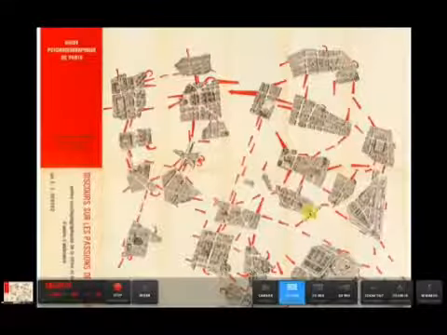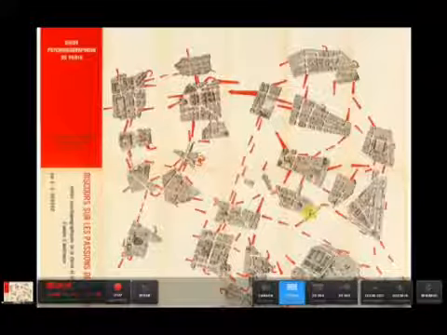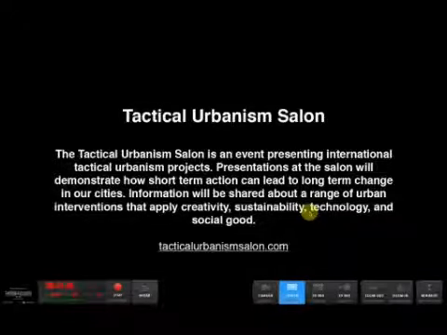The past week was going on in New York City the Tactical Urbanism Salon, where hackers and urban practitioners from New York shared their projects in a huge meeting, and at the same time Occupy Wall Street was going on, and we have seen on Twitter and other websites that they have been participating there in designing the squares of New York.